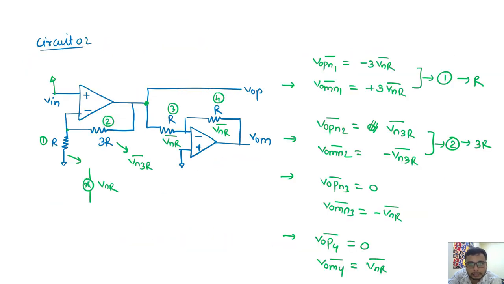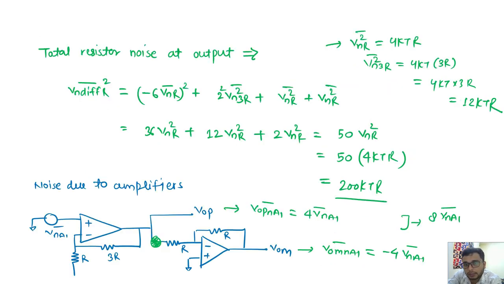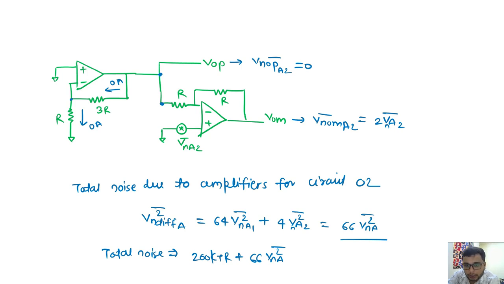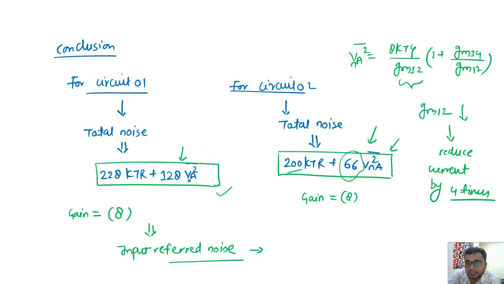Then for the second circuit, again the noise due to the resistors, then the noise due to the amplifiers, then the overall noise at the output, and we have equal differential gain, that is 8. So we can refer this noise to the input and compare, and accordingly we can have the power relaxation for the second circuit.